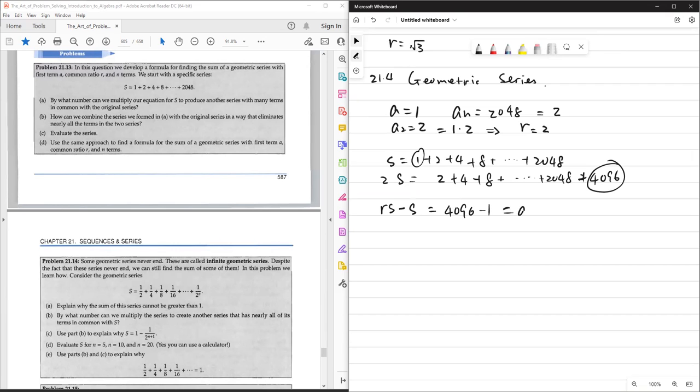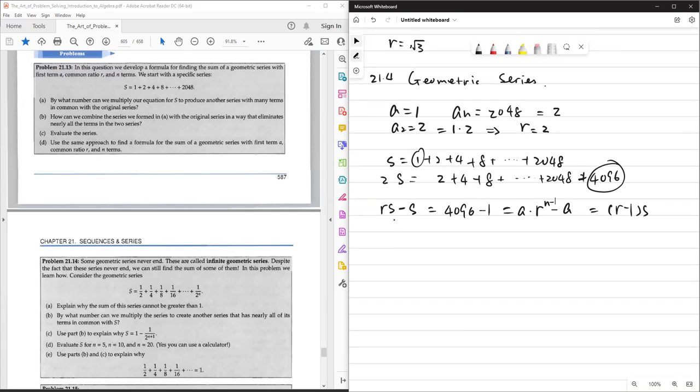This will be a r to the n minus a. Okay, so this is the first term a. This is the first term multiplied by r to the n minus 1 term. It's a geometric series, and that equals s, factor out the s. So we have r minus 1 times s.